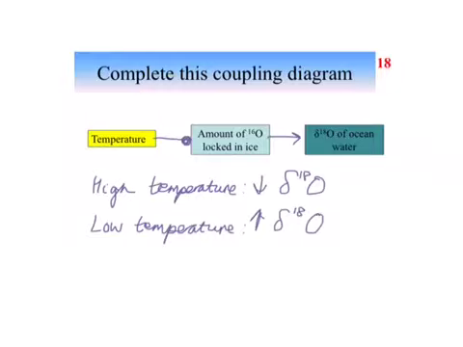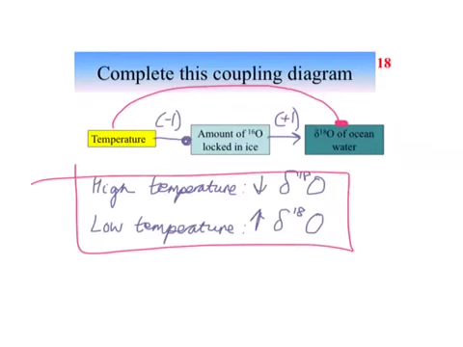And the way we get this is just by multiplying this -1 we have here by this positive one to recognize that there's a negative coupling from temperature to delta O18. Okay, so I could just go ahead and draw that in maybe a different color here. So if we're just interested in this coupling, it's a negative coupling. And that's how I get this statement down here.